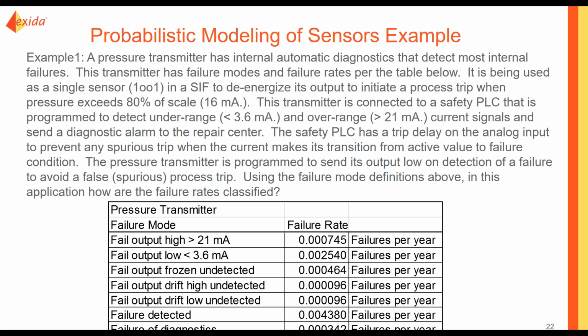The pressure transmitter is programmed to send its output low on detection of a failure to avoid false or spurious process trips. Using the failure mode definitions, how would these failures be classified?